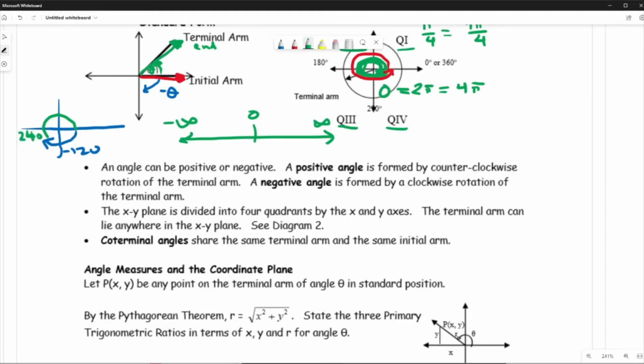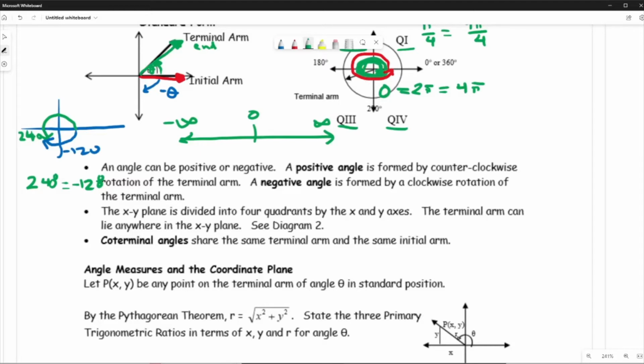Of course, 240 and 120 make 360, so I know it's a full rotation, so 240 is equal to negative 120. And I never actually have to draw a negative angle. I could always just draw the positive angle that goes the other way to get me to the same place.